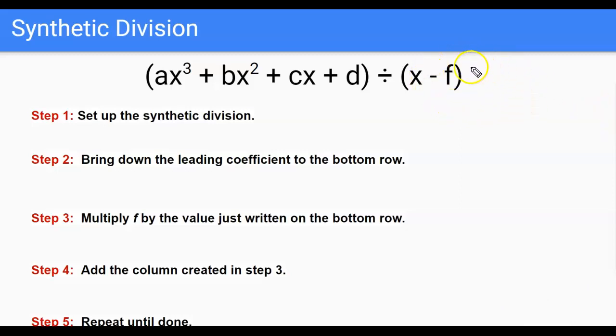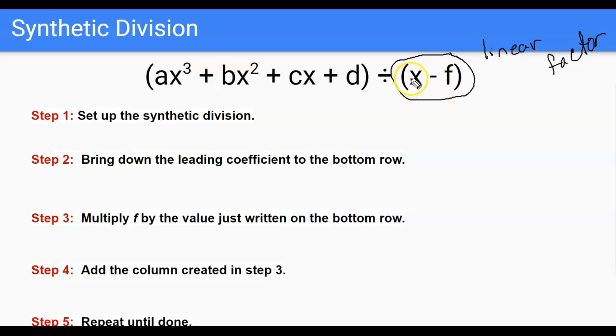The first thing that you need to know is that synthetic division only works if you are dividing by a linear factor, a linear binomial. That's the divisor has to be a linear factor. If it's x squared, you cannot do synthetic division.